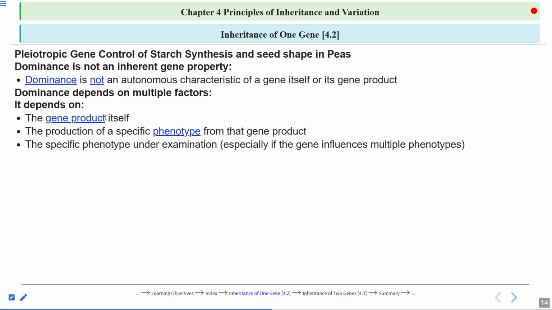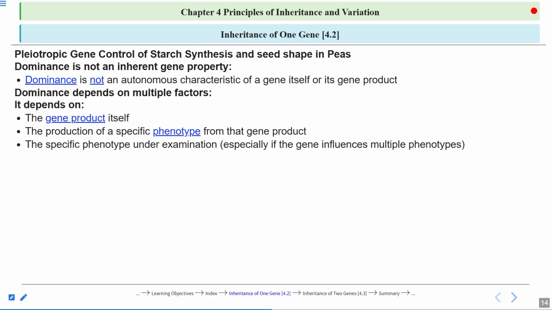Okay, so you should remember this: the dominance of a gene depends on what? First, the gene product of the gene. Then that product leads to what phenotype? And then the type of phenotype, the type of character that we are investigating.